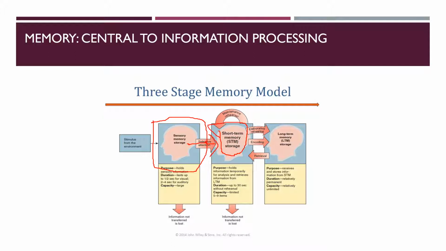If I determine that this information in short-term memory is important enough, I want to hold on to it, I send it on to the final stop, which is long-term memory. Long-term memory is stop number 3. In theory, it is infinite in capacity. You can hold as much information here as humanly possible. What happens then is memory goes from sensory to short-term into long-term, and then from long-term we have to be able to retrieve it.